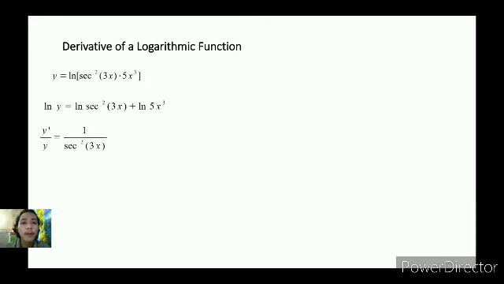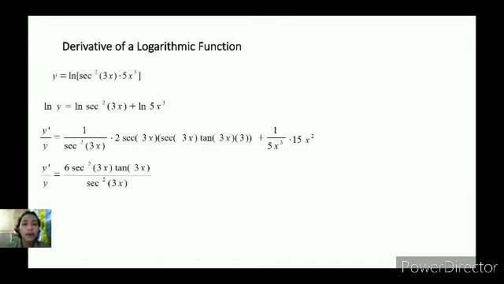Y prime over y is equal to 1 over secant squared 3x times the derivative of secant squared 3x, which is 2 secant 3x times secant 3x times tangent 3x times 3, plus 1 over 5x cubed times the derivative of 5x cubed, which is 15x squared.